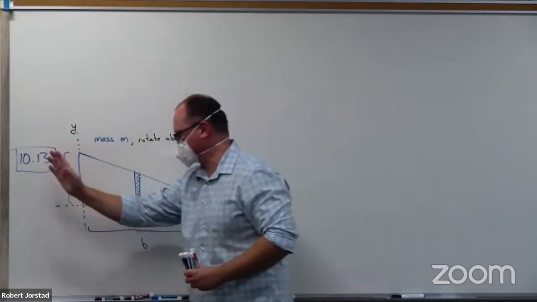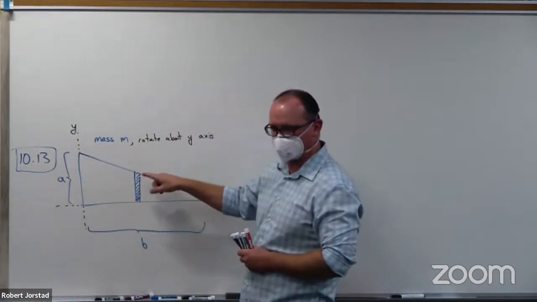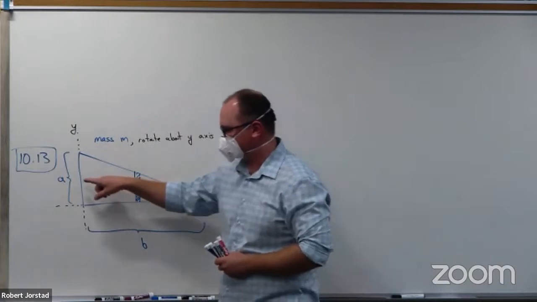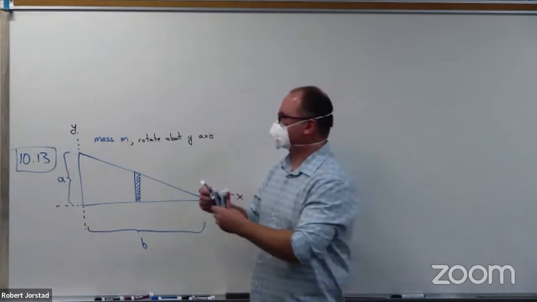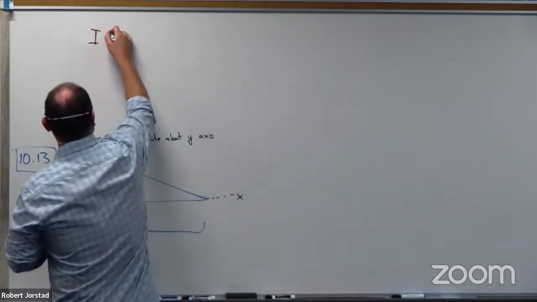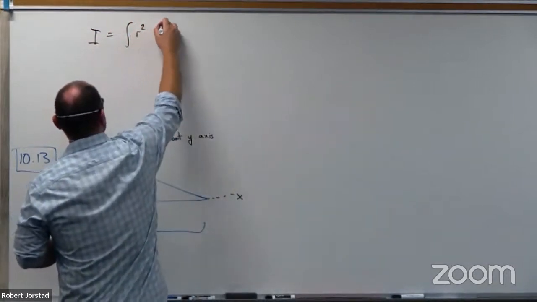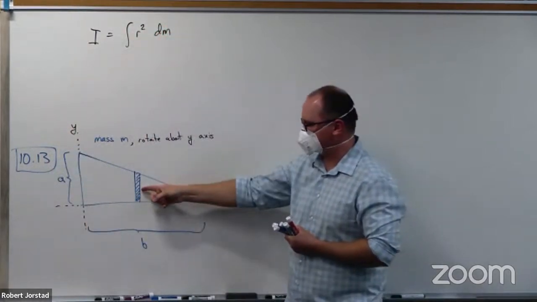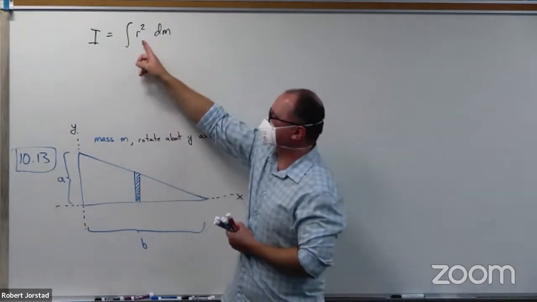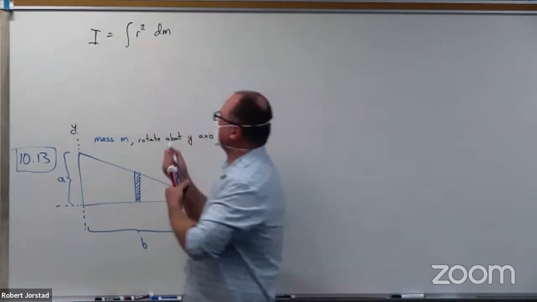And that's why we want to slice it. Every point in this slice is equidistant from the axis. When I write down the equation, I equals r squared dm. If I want to do this, every piece in the slice needs to have the same distance from the axis. So let's write that down.